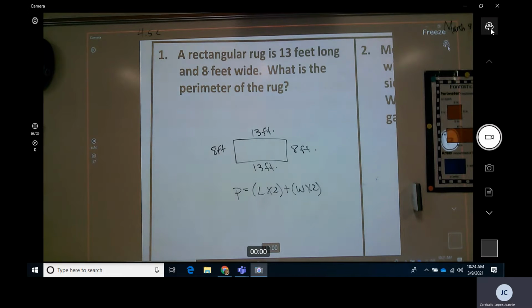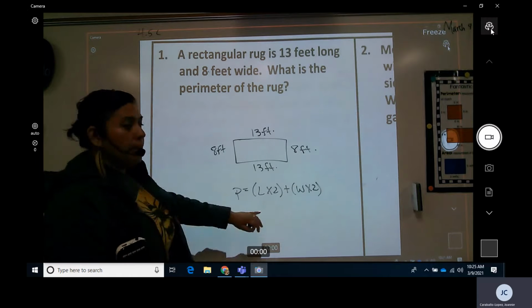Yes. All right, guys. So what do we have to do in order to answer using the distributive property?